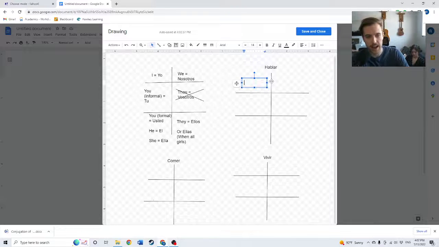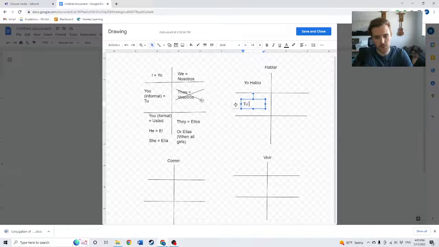So the word I in Spanish is yo. You would say yo, and then to conjugate hablar, it's hablo. And often the I turns into an O at the end of whatever verb it is. So in this case, it would be yo hablo. Then to informally say you speak, that would be tú hablas.